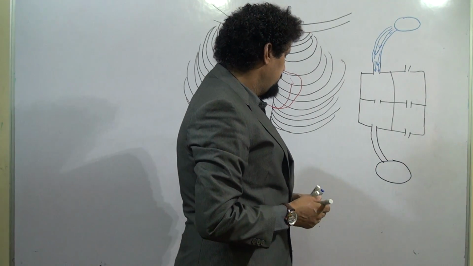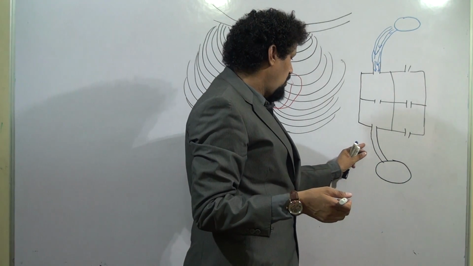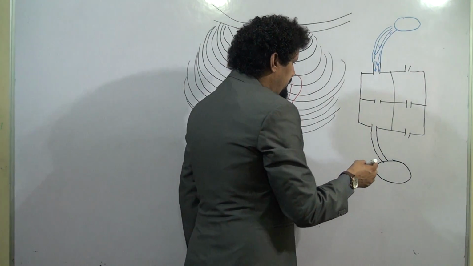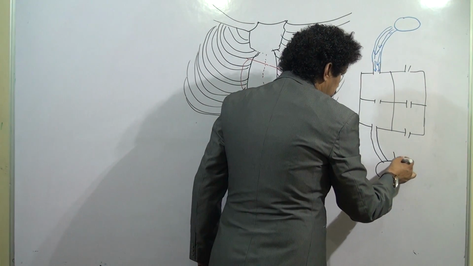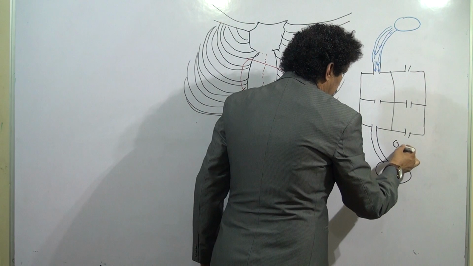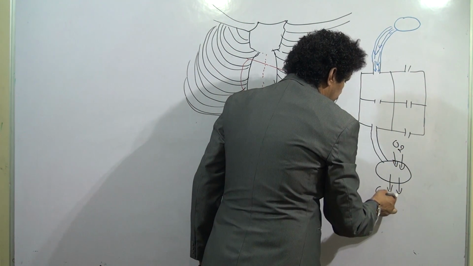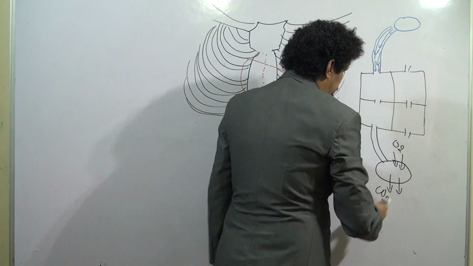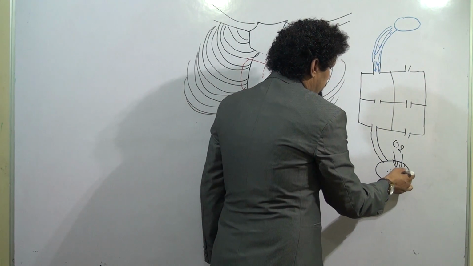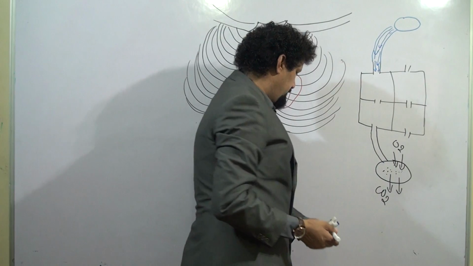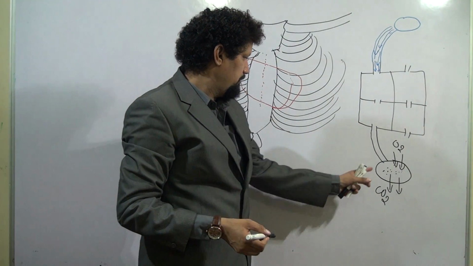In the lungs, the oxygen is entering in the blood, and carbon dioxide is leaving the blood. This is the lung.